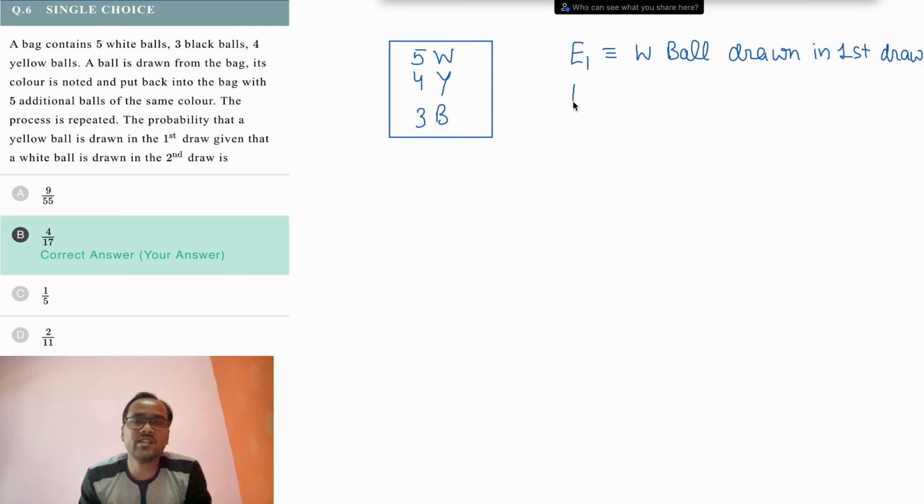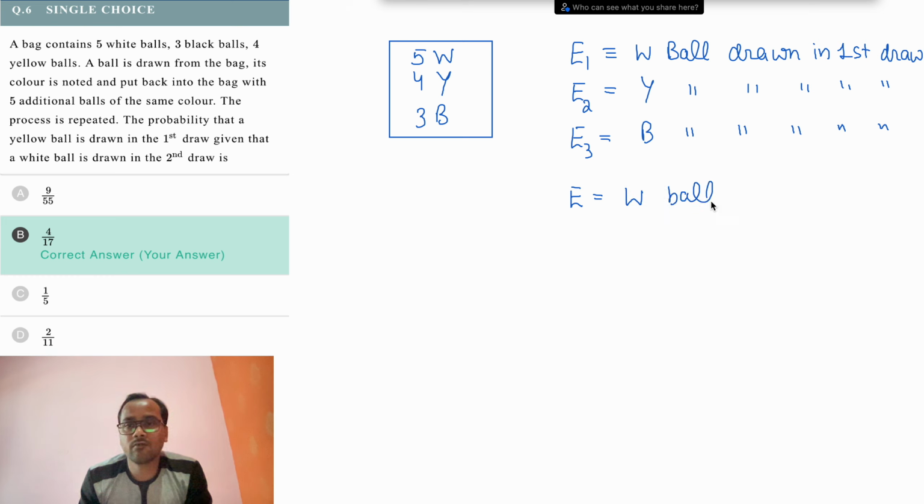Let's say event 2 represents yellow ball drawn in first draw. Let's say event 3 represents black ball drawn in first draw. And let's say there is an event E which says white ball is drawn in second draw.